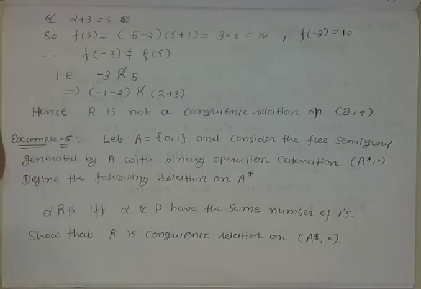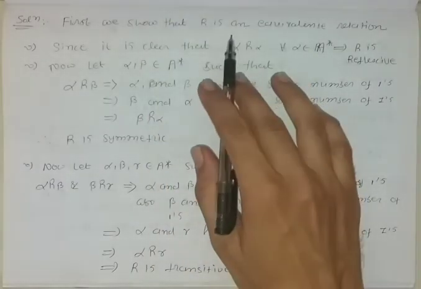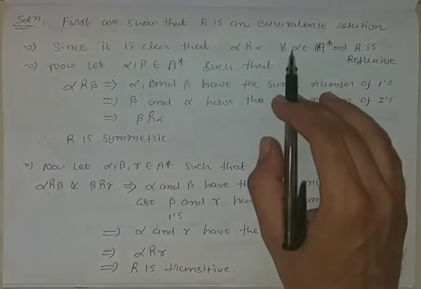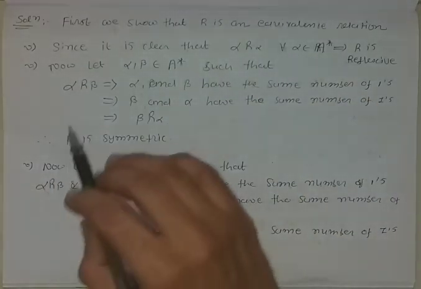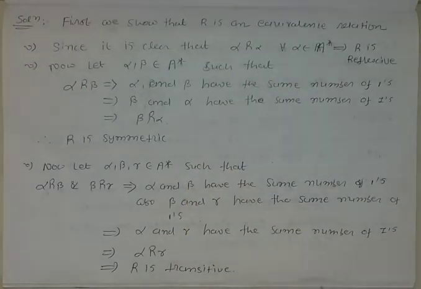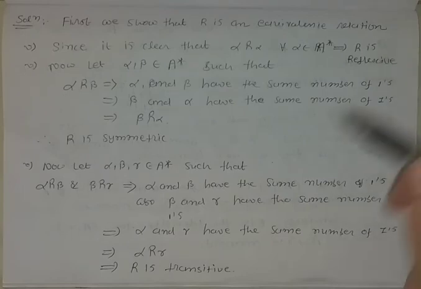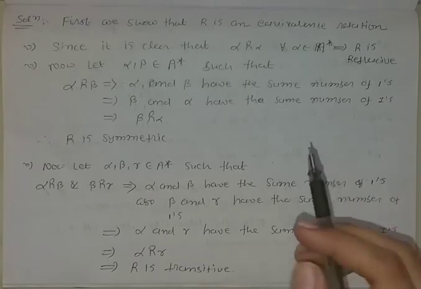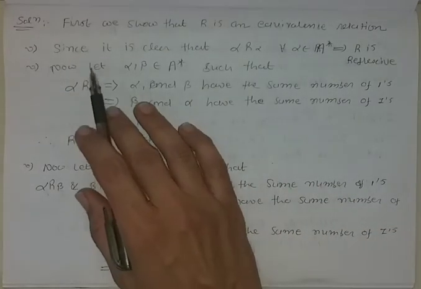So let us see. First we show that R is an equivalence relation. Since it is clear that for any alpha belonging to A star, alpha is related with alpha because the number of ones in both the cases is the same. So R is reflexive. Now अब हमको क्या करना होगा?